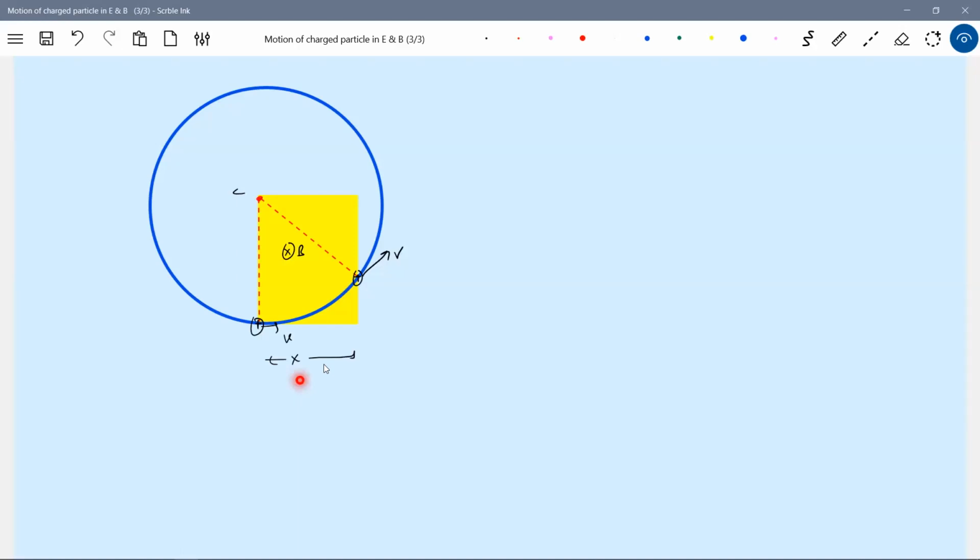Okay, so therefore, when a charged particle enters a magnetic field, the path of the charged particle will be a part of a circle.